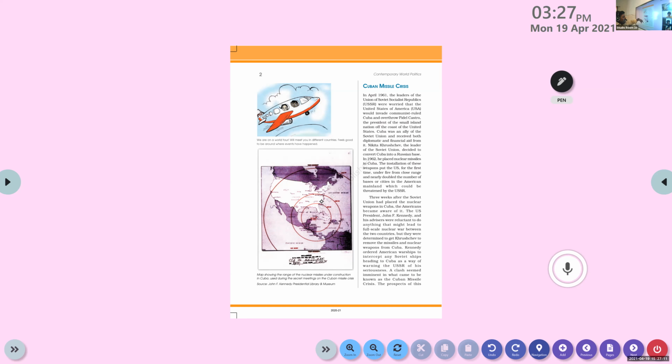So is America under the threat there? Check it. Is America within the limit of Cuban missiles? Please check the map of two continents. What are those continents? Tell me. This is the Atlantic Ocean. Mexico is here.